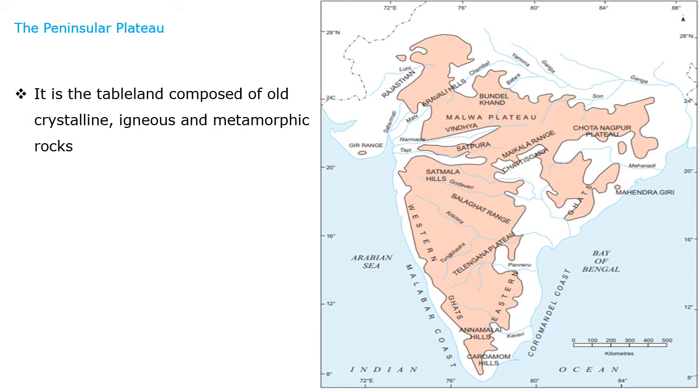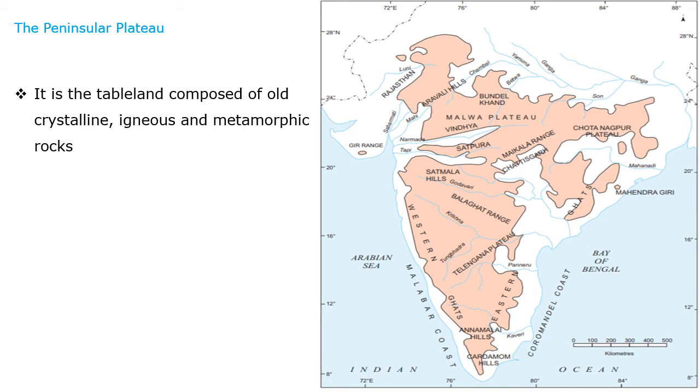Those are called metamorphic rocks. So the Peninsula Plateau was an elevated one. As we said, a plateau is a tableland or elevated one with steep slopes and a broad summit. So it is composed of crystalline, igneous and metamorphic rock.